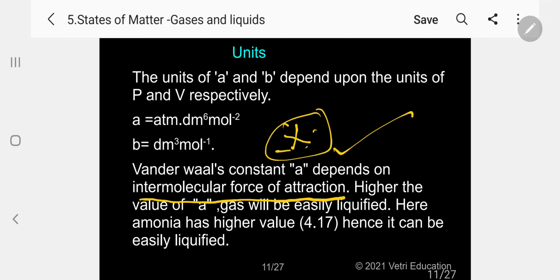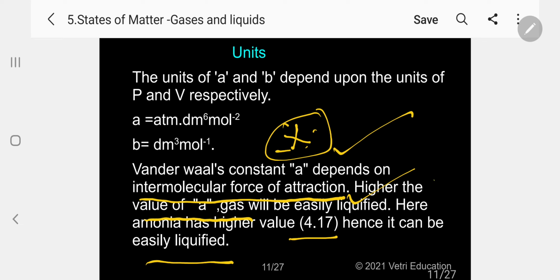Now what is the trick here? Please note this point. Higher the value of A, please note this is not given in the book. Higher the value of A, gas will be easily liquefied. Here, ammonia has the higher value 4.17, so hence it can be easily liquefied. Kindly follow.